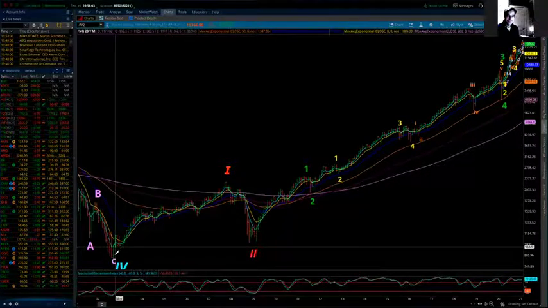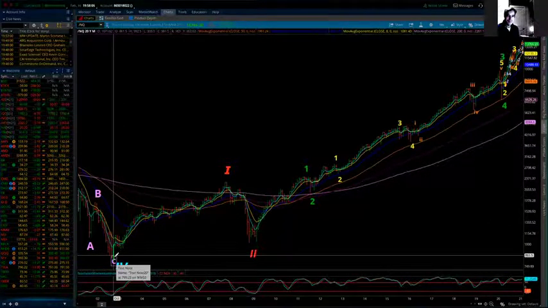This 5th wave, which began in October of 2002, has already been underway for over 18 years. So in its enormity, that's what we're dealing with. And within this super cycle wave, it'll break down into 5 waves of cycle degree.